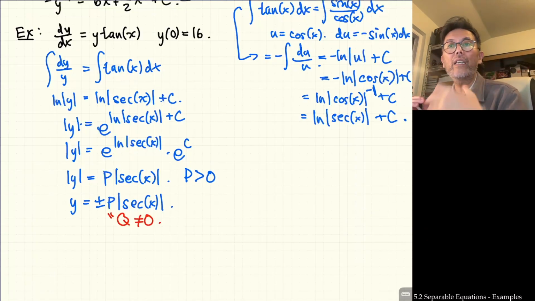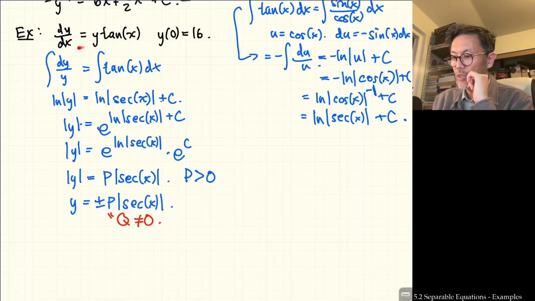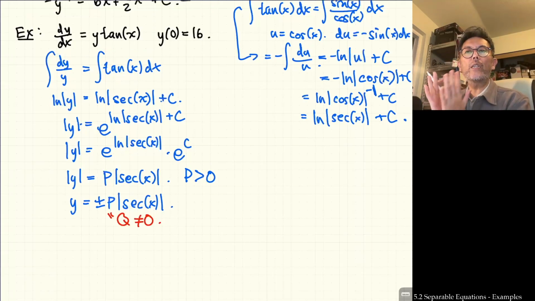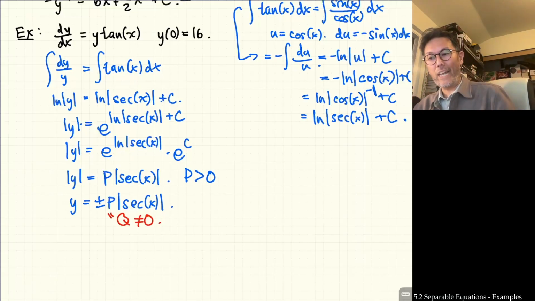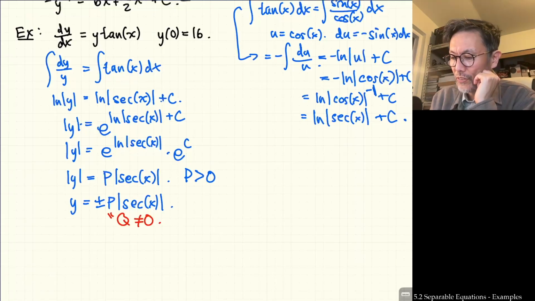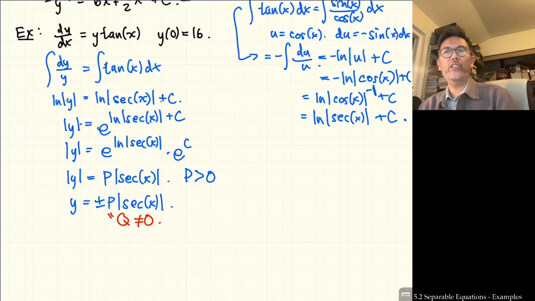Now think for a second. What happens if p is 0? If p were 0, then that would make this function y equal to 0. And then you can go back to the original equation and ask yourself, is y equal to 0 a solution to this differential equation? And the answer is yes. In fact, you should have been yelling at me when I made my very first move here, because I assumed, of course, that y was non-zero.